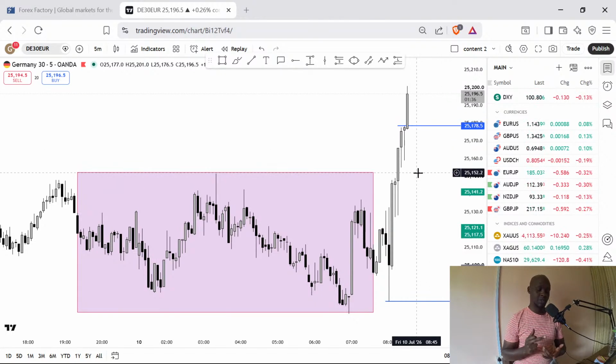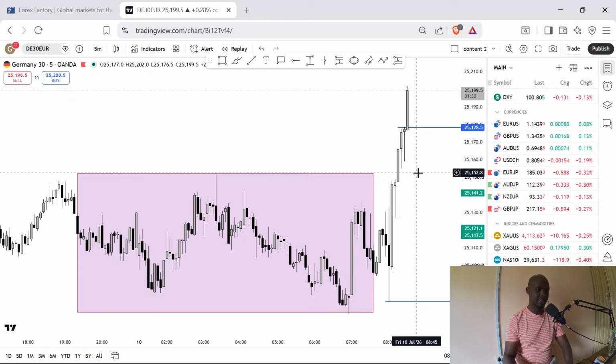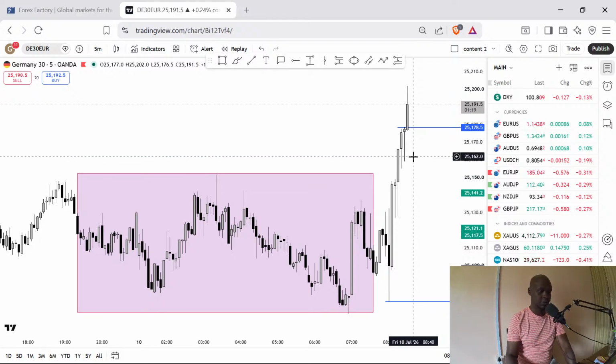Now for me to get the entry set up from this point, it will need maybe 4 candles, so that will be maybe 20 minutes. So we still have some time before we can get our entry trigger in case price gives us the opportunity to get the entry.